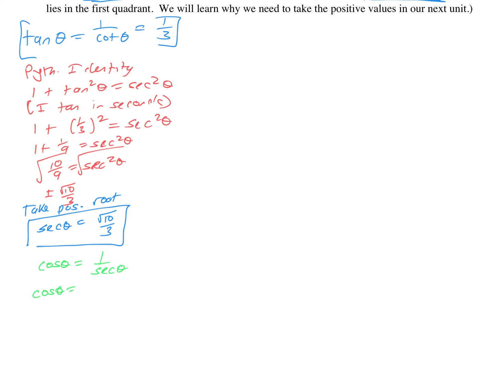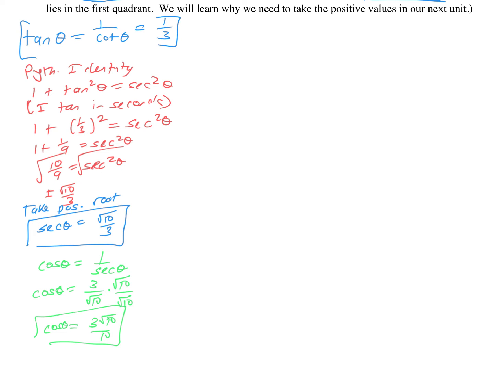So that's going to be 3 over rad 10. And now we'll go ahead and rationalize the denominator. So rad 10 multiplying by rad 10 over rad 10 will be 3 rad 10 over 10 is the value for cosine theta. So now we have 3 of our 5 values that we need.